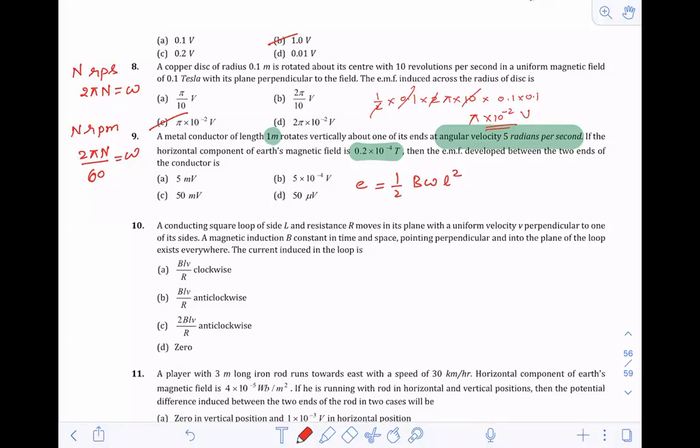No, they are not the same. Okay, see here how to solve this. Half, magnetic field 0.2 into 10 to the power minus 4, omega 5, and the length will be 1 square. So you just have to solve this now. Just divide this, you will get 10. And now solve this one.